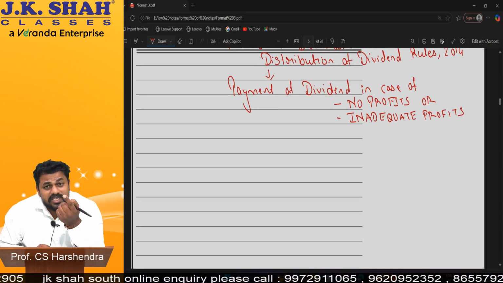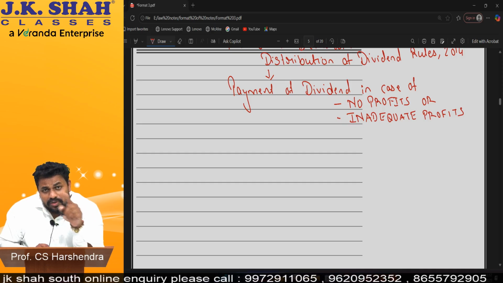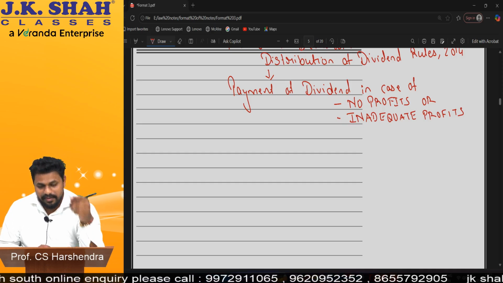In which case, a company which is into loss or is an inadequate profit making company wants to pay dividend.